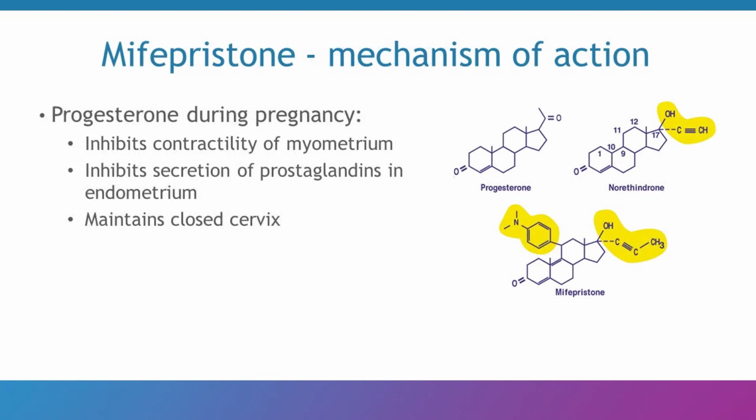This drug is a derivative of progesterone, but it has 5 times the affinity to progesterone receptors. Progesterone causes inhibition of contractility of the myometrium, inhibits the secretion of prostaglandin in the endometrium, and maintains a closed cervix.